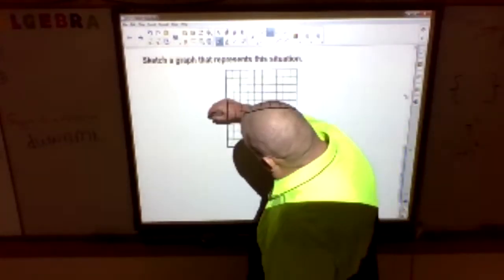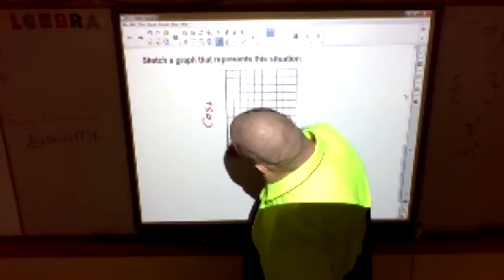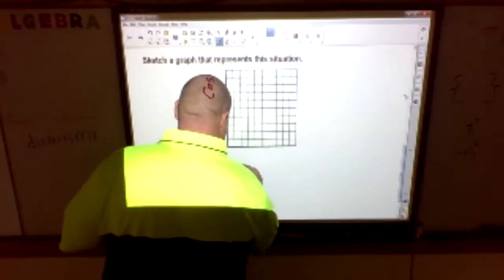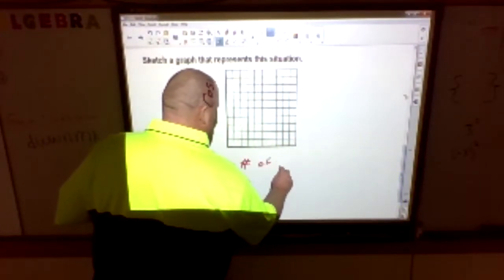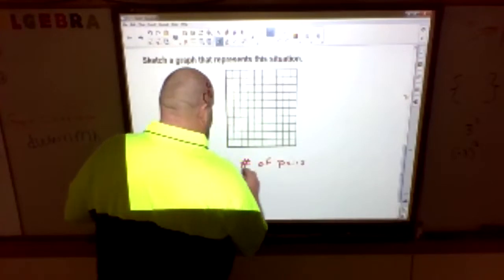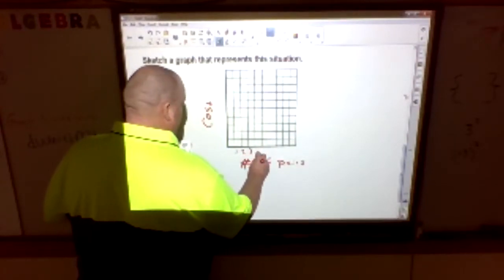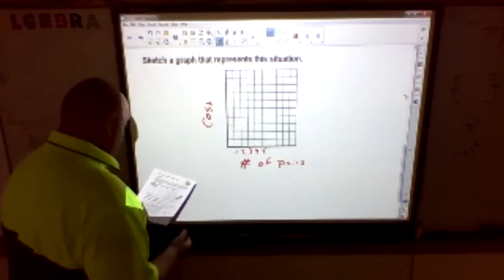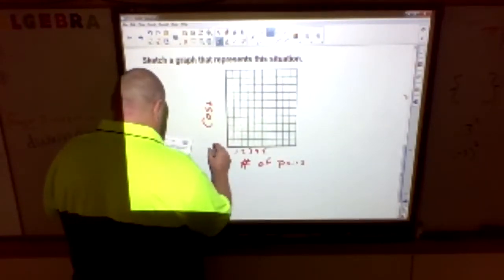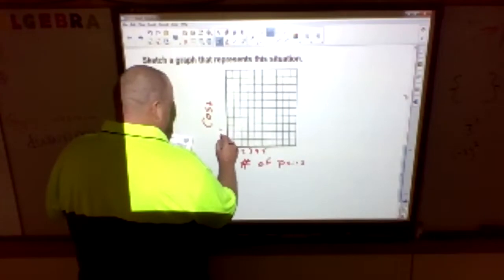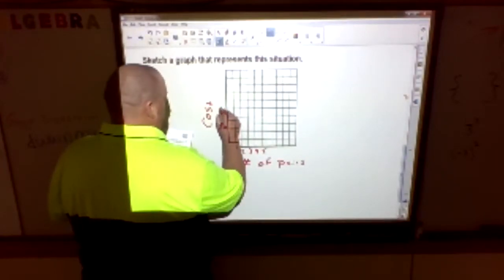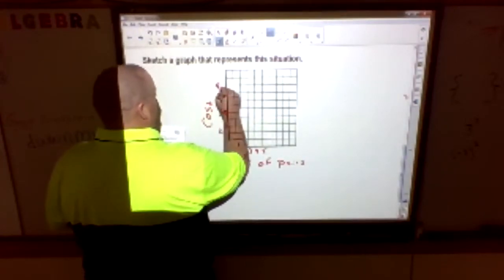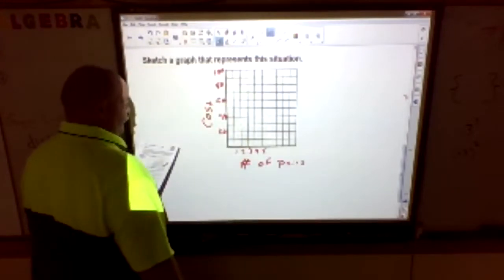All right, so this here is going to be the cost. And I'm going to label this one the number of pairs. So 1, 2, 3, 4, 5. Only 5 is the maximum, so that's all I need. Here, it's 20, 40, 60, 80, 100.